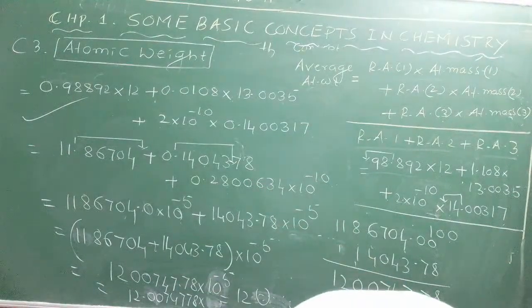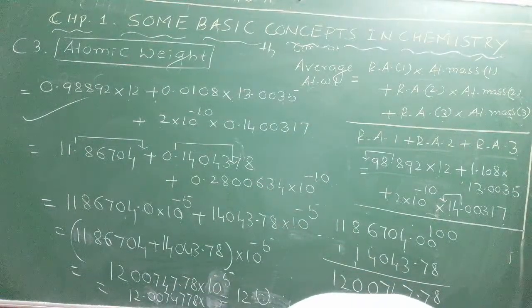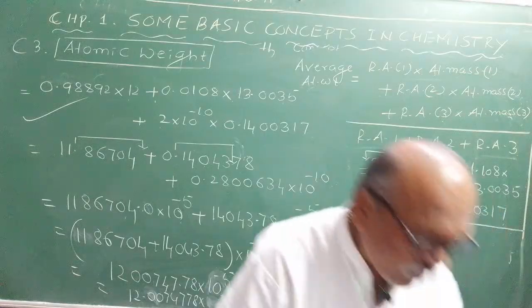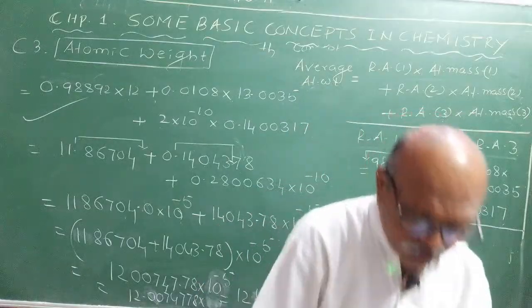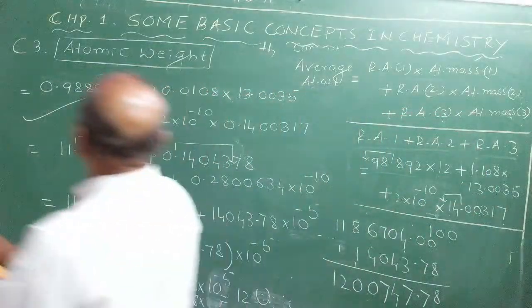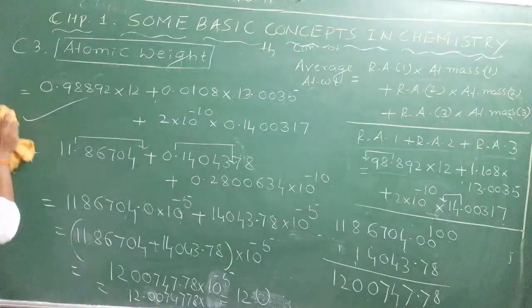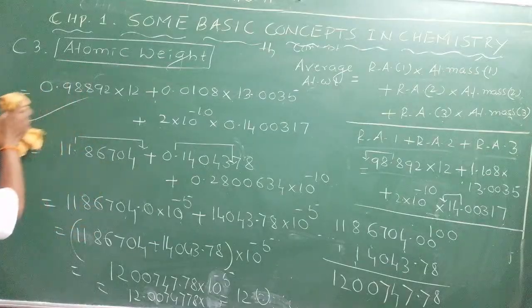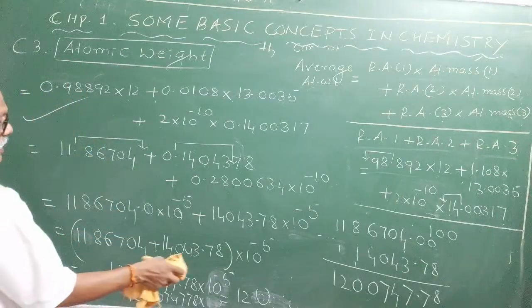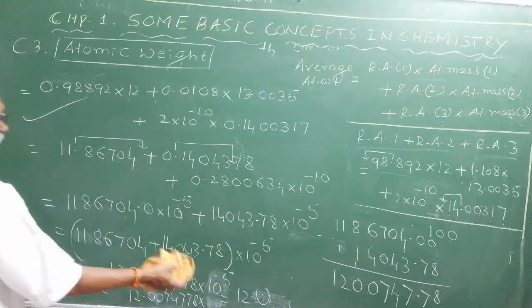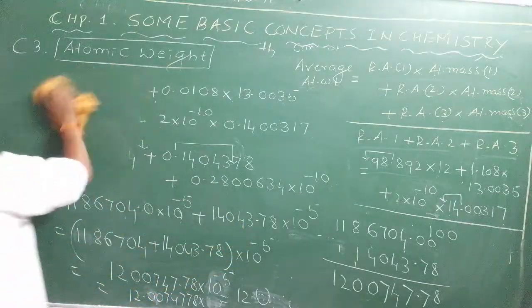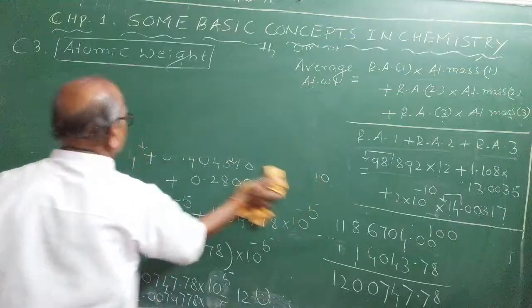We'll take one problem given in the exercise based on calculation of atomic mass, a type 1 problem. I have got another problem here. I hope you understood. Whatever atomic mass is given there, 12.001, you will get around 12. Okay, average atomic mass it is. What is average atomic mass?